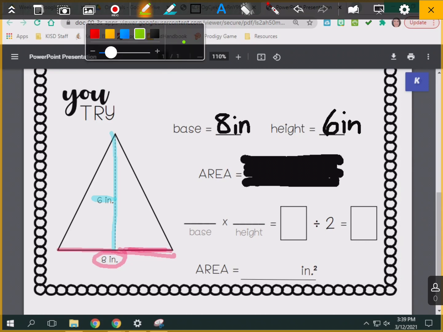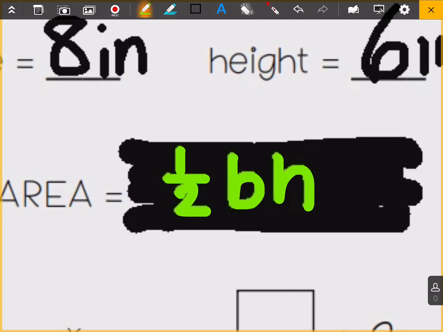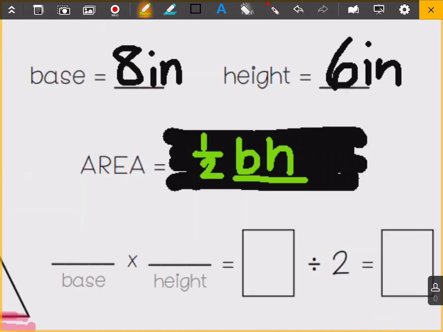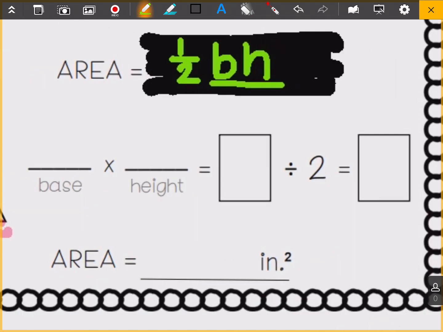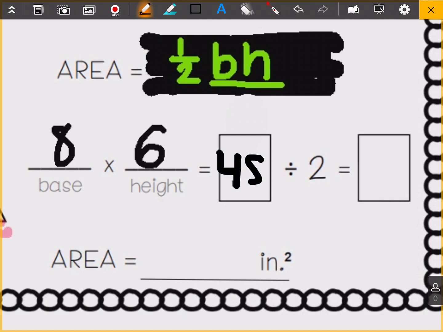If we look at our reference sheet, we will see that our area formula is 1/2 base times height. Again, we're going to do the base times height first and then do the 1/2 at the end. Just be sure not to forget it. So our base here was 8, and the height was 6. So when we do 8 times 6, we know that that answer would give us 48.